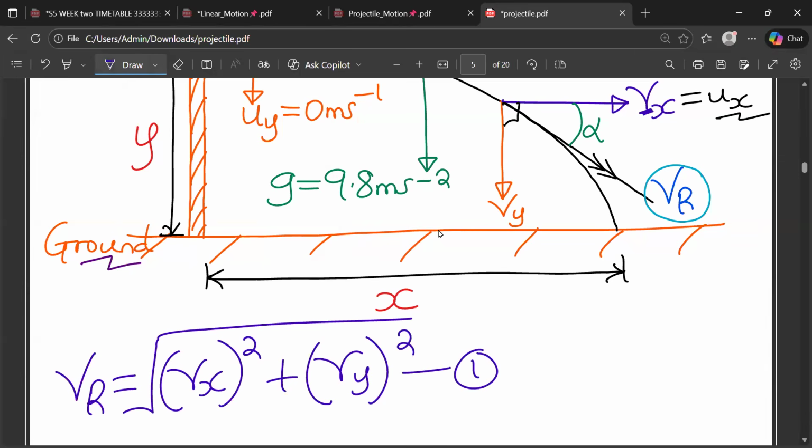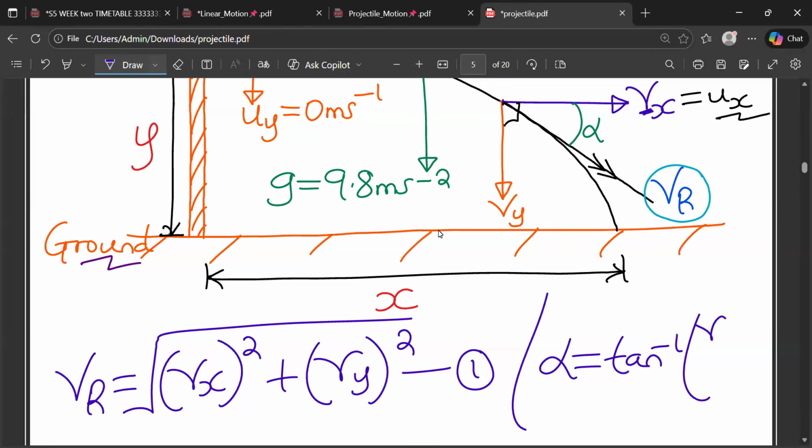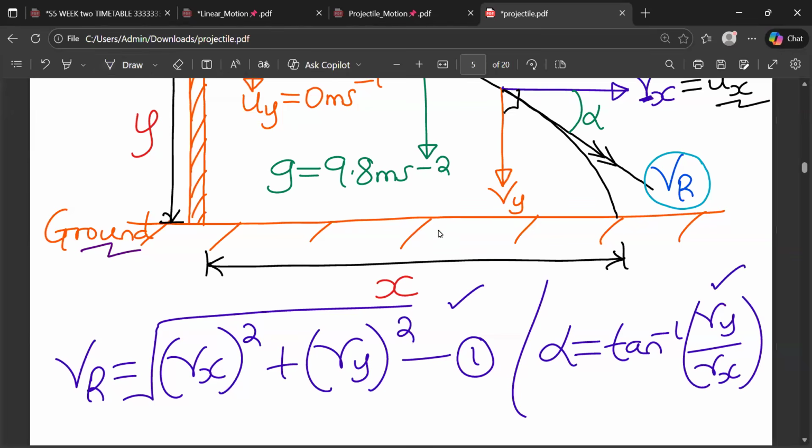I really want to know. And then do people know this equation 2, the one of alpha? That alpha will be tan inverse of Vy over Vx. Do people know this one as well? Because in forces, instead of V, we had F.